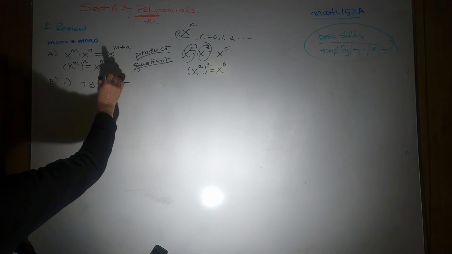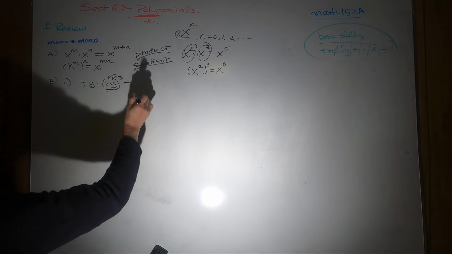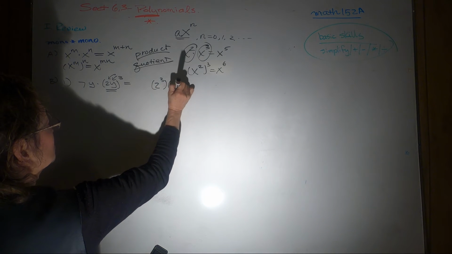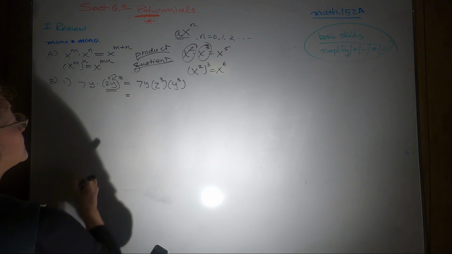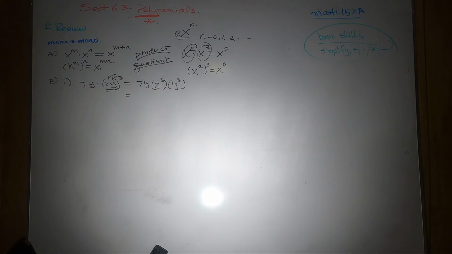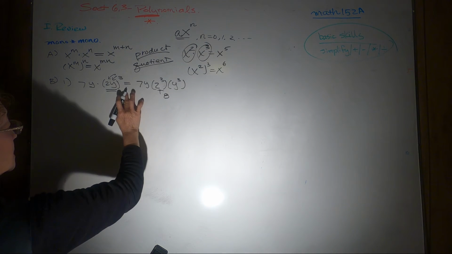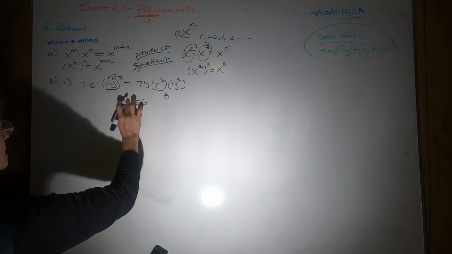So we will do this one first. It means what? You have to apply your 3 to all of them, right? So it's 2 to the third power times y to the cube, and multiplied by y, right? So 2 to the third power is what? 8. 8 times 7, 56.